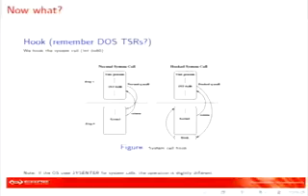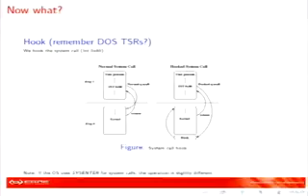Well, we do exactly the same. We hook the system call. We first find the interruption table in memory, and then we say that now interruption 80 is us, and the shellcode, or us, calls the kernel, and the kernel returns.